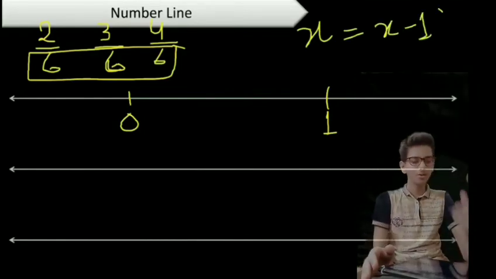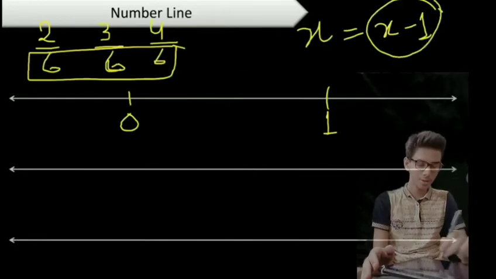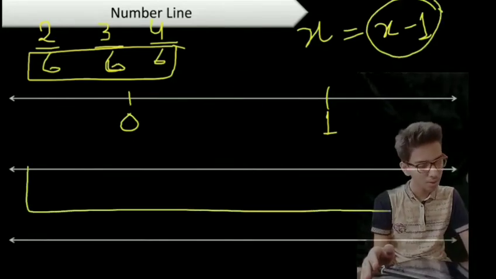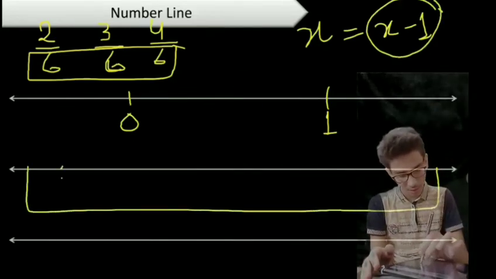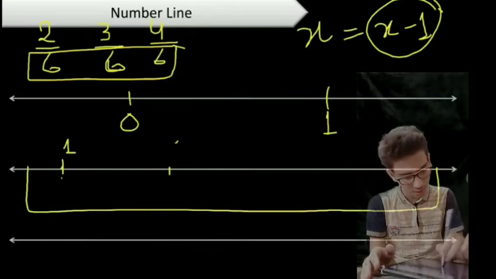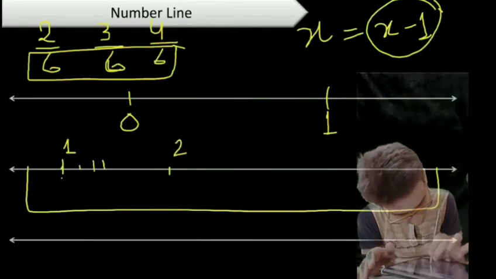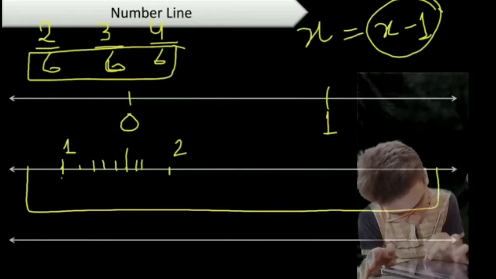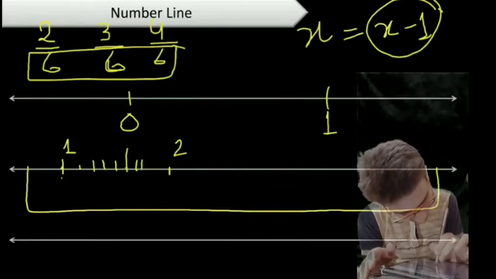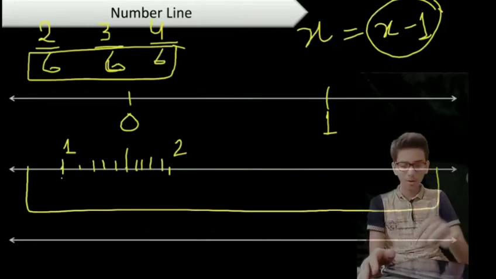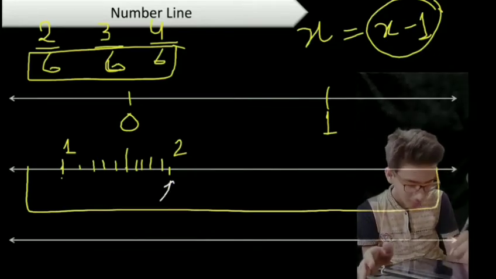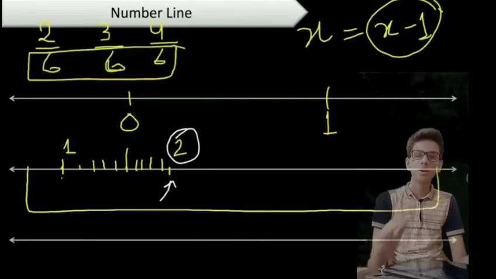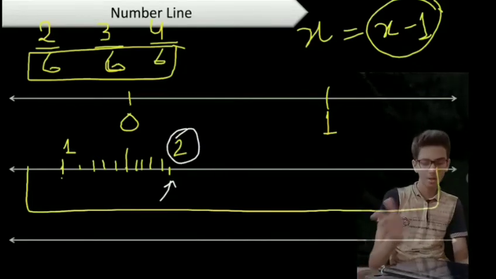Why? If you can see on your scale, this is 1 centimeter, this is 2 centimeter, you have 9 lines between them: 1 2 3 4 5 6 7 8 9, and this is 10, because the 10th value is nothing but 1 centimeter.